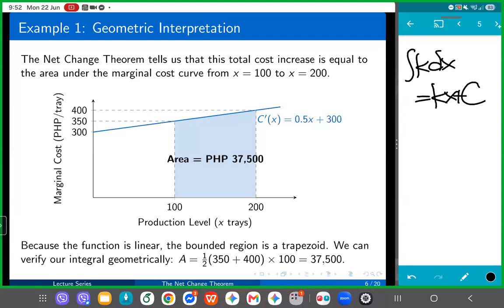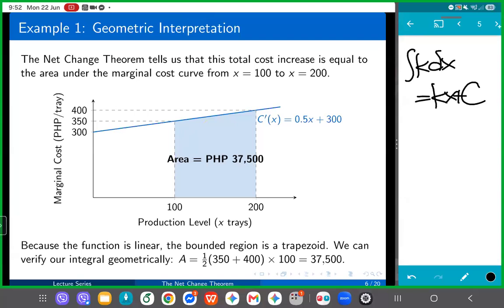But the area under the marginal cost, or the derivative, is the net cost, the net change, the integral. So here's the derivative. Remember, derivative is about tangents, but here's the integral, and remember, integral is about areas. So that's how the two are related. The net change is the area.